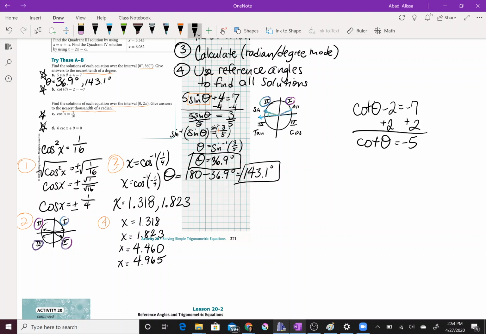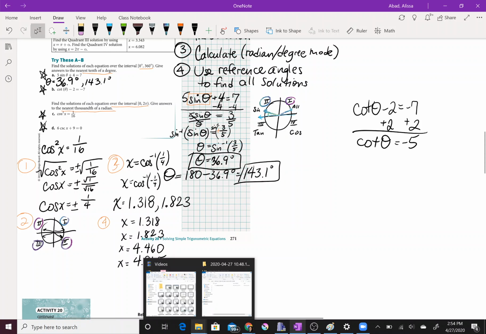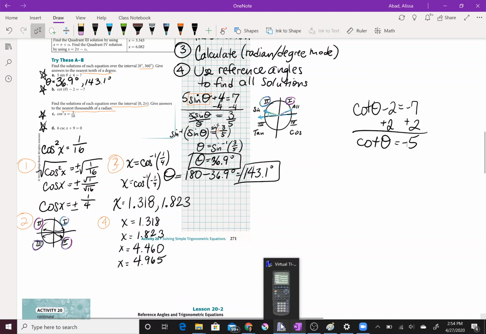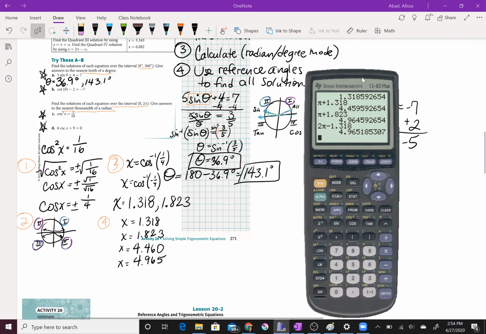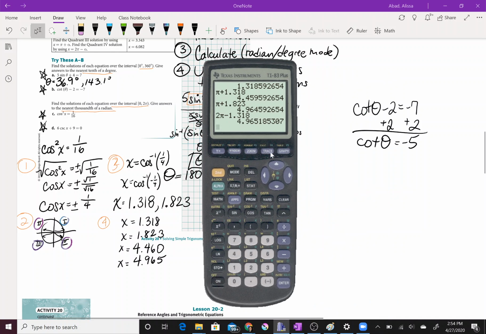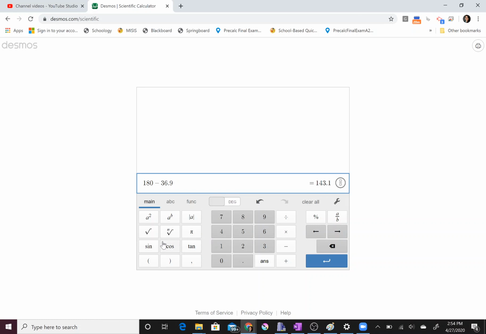And I get cotangent theta equals -5. Now, the thing with this one is that this is a reciprocal function. And if you look in your calculator here, the only inverse functions that are given to you are for sine, cosine, and tangent. There's nothing with inverse cotangent, none of those.